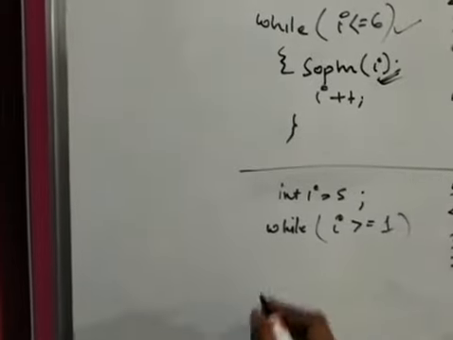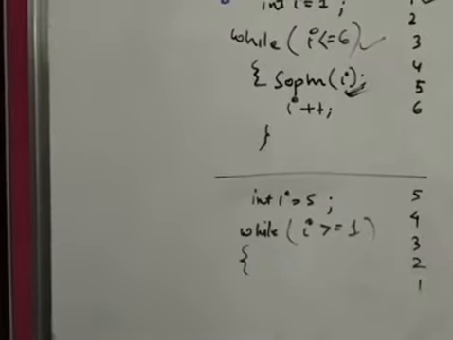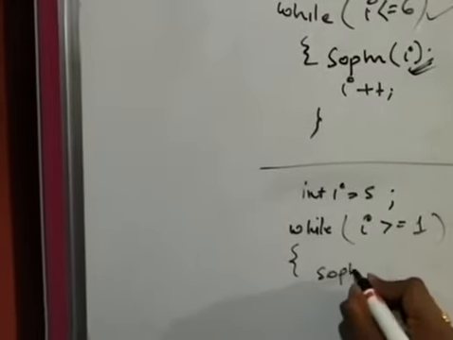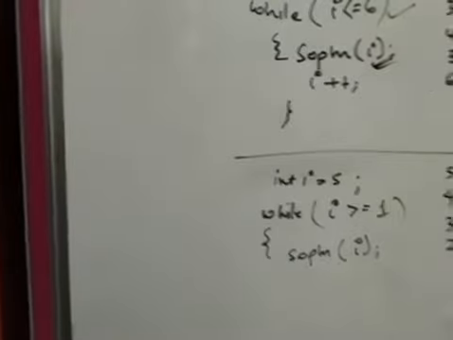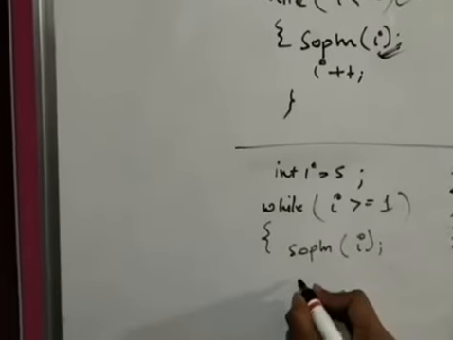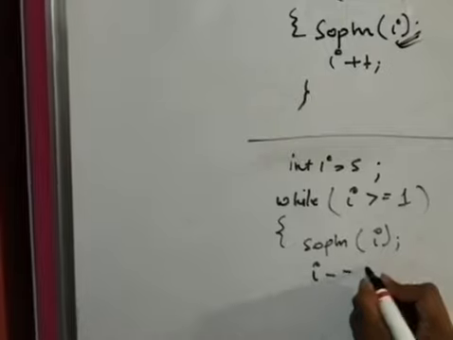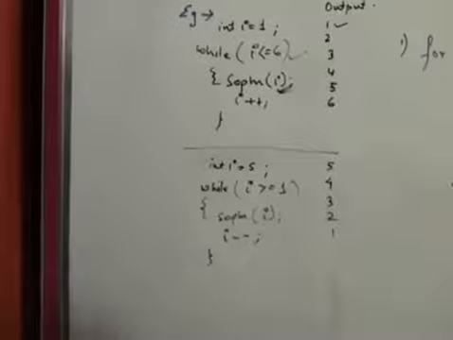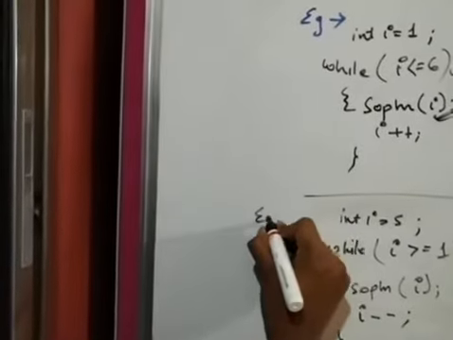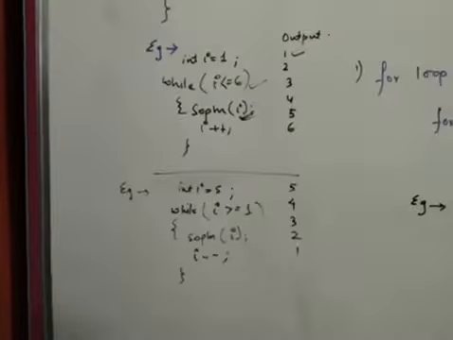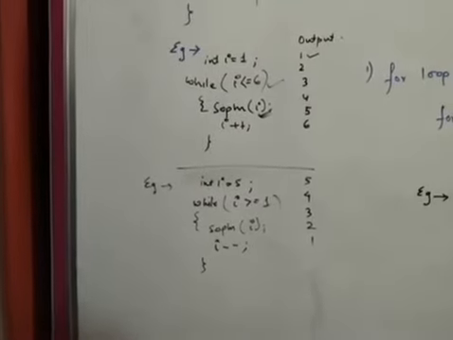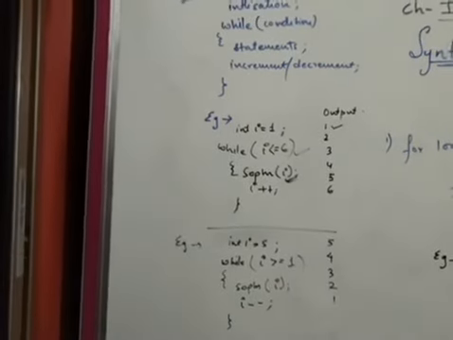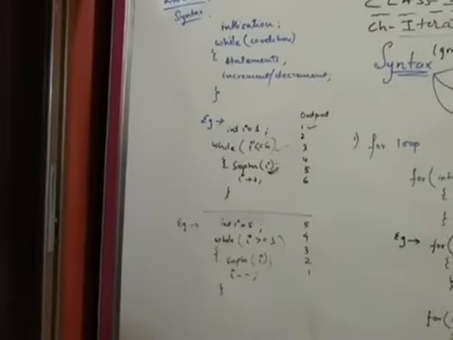Till the value of I is greater than or equal to 1, the loop will run. Clear? And the statement is System.out.println(I), and then since it is decreasing by 1, I minus minus. Understood? This second example is your while loop in decreasing order. So it is a decreasing loop. These are the examples and the syntax of your while loop.